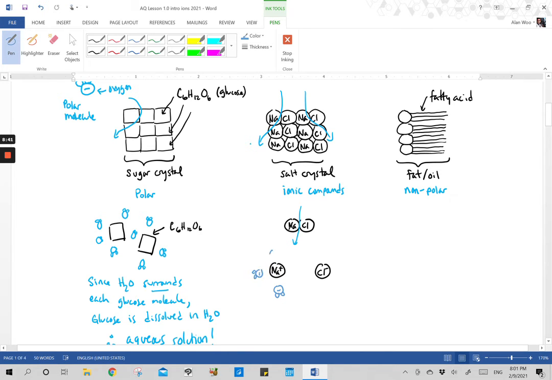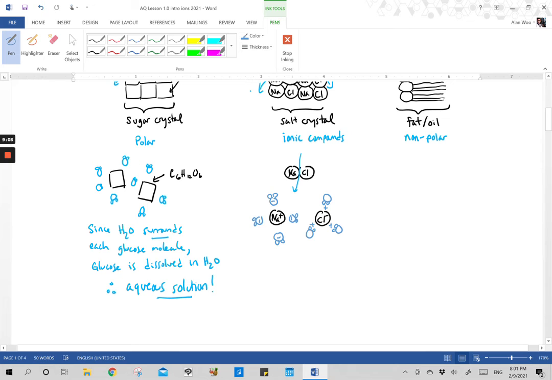The negative ends of the water molecules are now surrounding the positive ion, and the positive ends of the water molecules are now surrounding the negative ion. Okay, but the same thing happens. Here, the ions are being surrounded by water, and if it's surrounded by water, salt basically dissolves in water. The main difference, though, is we actually generate ions in this process.